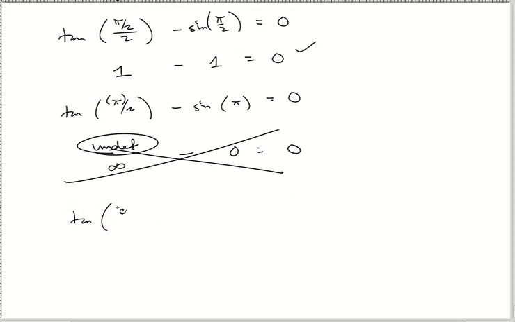Finally, try the last one. 3 pi over 2. I guess I don't have to do a crazy fraction for this guy. It's good enough. That's 3 pi over 4. That's going to be -1 slope, essentially, at 135 degrees. My slope is -1.